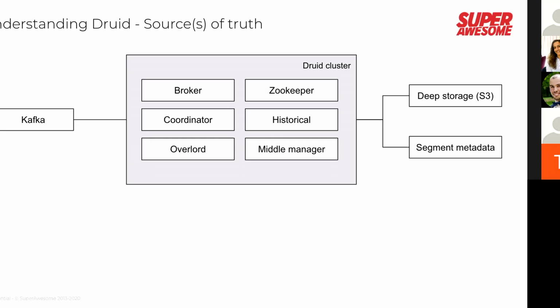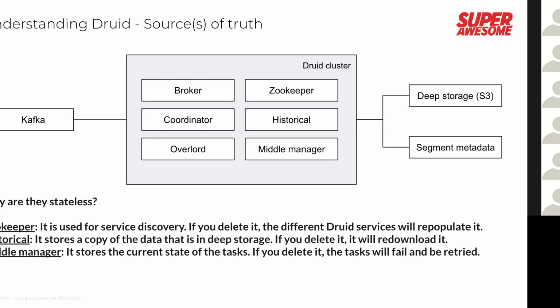And it's also the same for the middle managers, because the middle managers would store the data before it has been actually saved into a segment. And at that point in time, the source of truth is Kafka. And once the segment has been saved, the source of truth becomes the deep storage and the segment metadata.